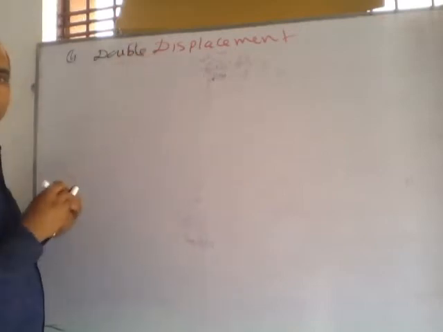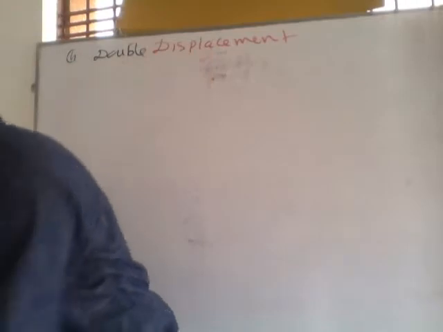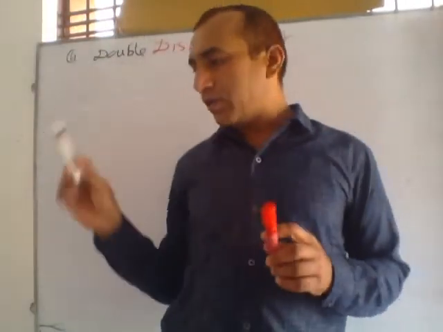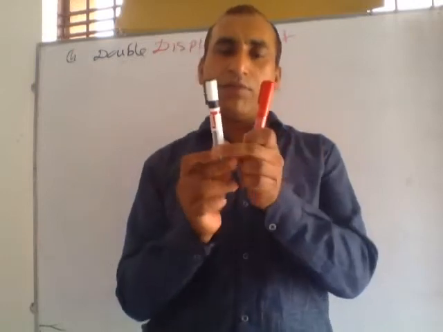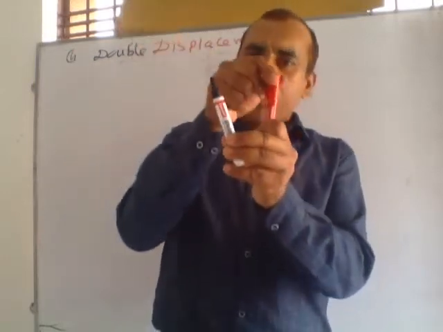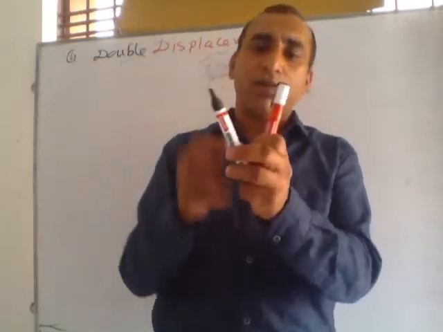double displacement reaction. In a double displacement reaction, suppose you observe here, these are two compounds. In a double displacement reaction, we use two compounds. In the two compounds, this is an ion, this is also an ion. So we exchange these two ions from here to here.